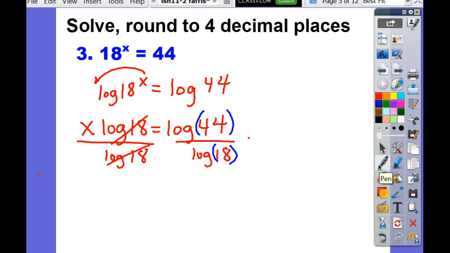If you leave out the parentheses, you will not have the right answer. Okay, let me double check. Let's see. Log of 44, close parentheses, log of 18, close parentheses. Is that what you got? Okay. Good.